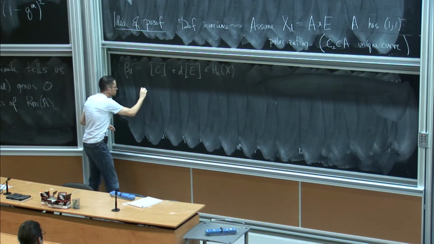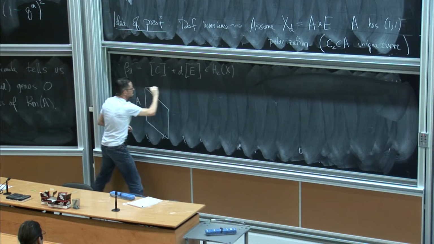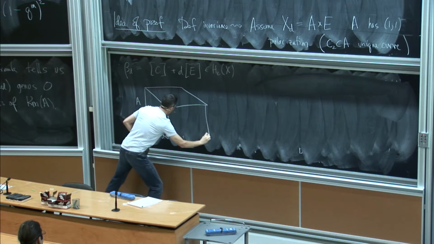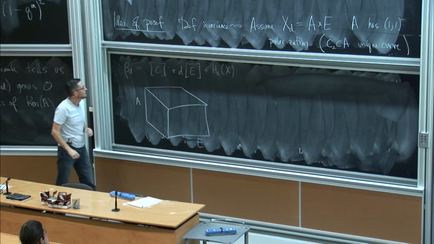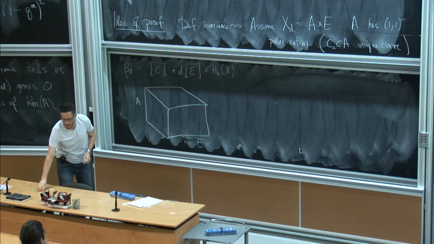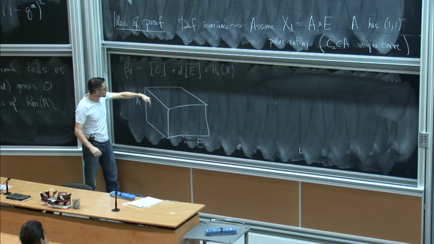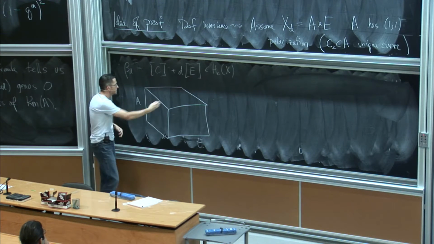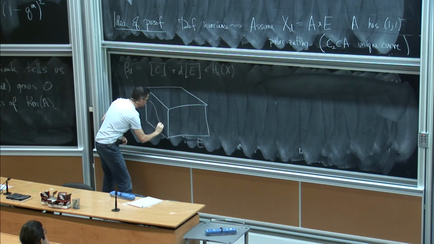So what's the picture here? I've got this abelian surface A cross this elliptic curve. Here's E. And up to translation, there's going to be a curve which projects onto this C. So up to translation, I can assume that all the curves look like this.